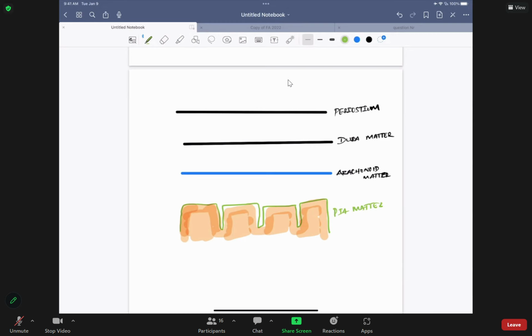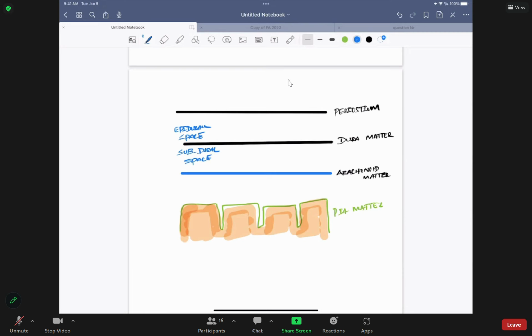Now, the space above dura mater, this area is called epidural space. Why? Epi means above. Above dura mater is epidural space. Below dura mater, subdural space.